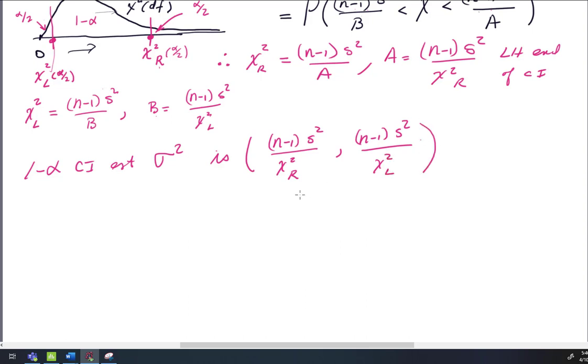And I've written that several times because I want you to remember, you can understand also because we've derived the whole thing, but remember that the right-hand critical value is the denominator of the left-hand endpoint. The left-hand critical value is the denominator, the thing in the bottom, of the right-hand endpoint of the 1 minus alpha confidence interval.